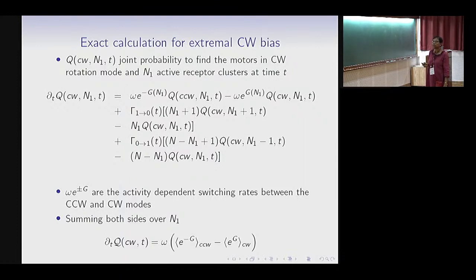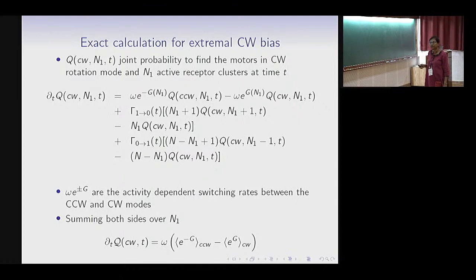Here Q_CW(N1, t) is the joint probability to find the motors in the clockwise rotation mode and with N1 active receptor clusters at time t. You can write down the time evolution equation for this joint probability, and it will have two kinds of terms. One is because of transition between clockwise to counterclockwise mode, and another is the transition for the active inactive state, which changes the value of N1.